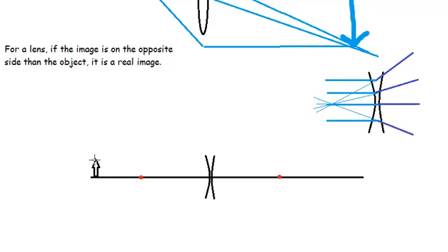Okay, so first we're going to go from the tip of the arrow straight in horizontally. It's going to bend so that it is diverged out, or spreads out. So what angle is that going to be? Well, we're going to have to use the focal point on this side to get that angle.